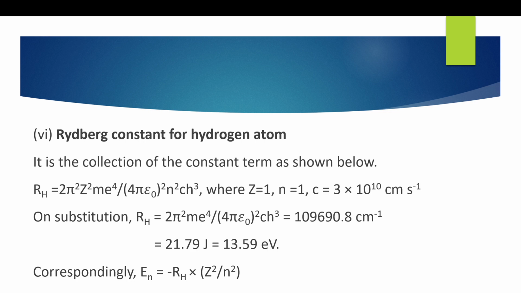By putting values z equal to 1, n equal to 1, c equal to 3 into 10 to the power 10 centimeter per second and permittivity factor value, we get RH equal to 13.59 electron volt or 1,09,691 reciprocal centimeter. Correspondingly, energy of nth orbit is minus RH multiplied by Z square over n square.